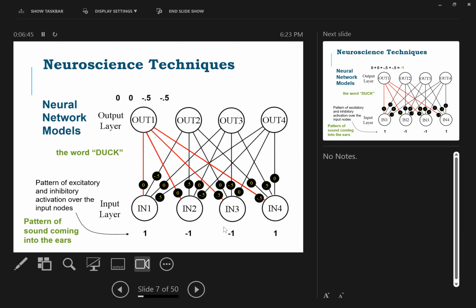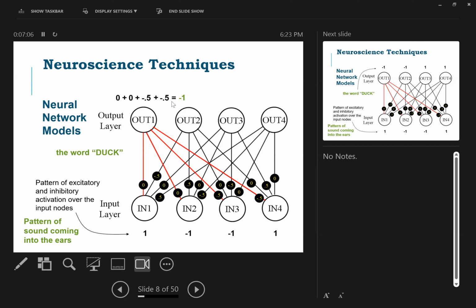So you basically multiply what we call, let's say, the firing rate by the connection weight, and this becomes the impact of input 3 on output 1, and the impact of input 4 is similar. 1 times this -0.5 becomes -0.5. Then you add those up.